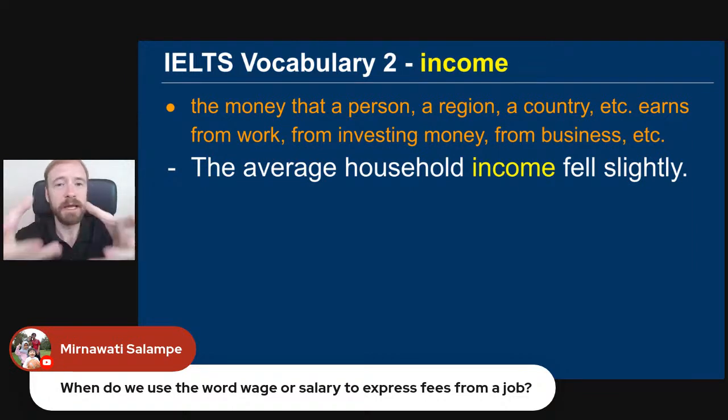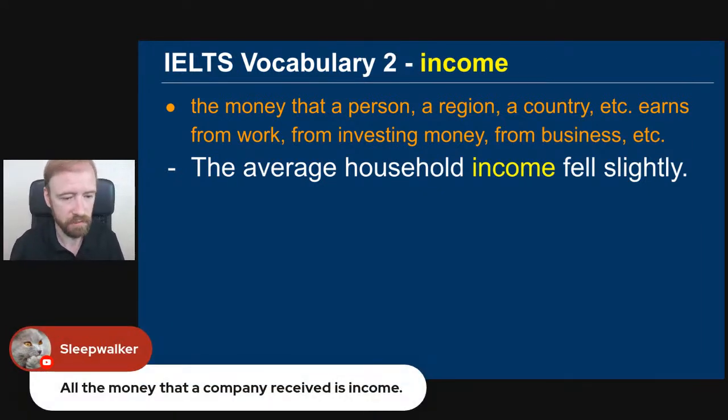And that's my income. All the money coming in is my income. I will pay the full-time worker a salary. And the part-time workers, I will just give them a wage. All the money that a company receives is income, yes. And all the money that a person receives is income.